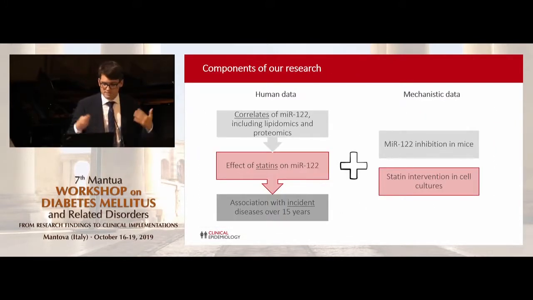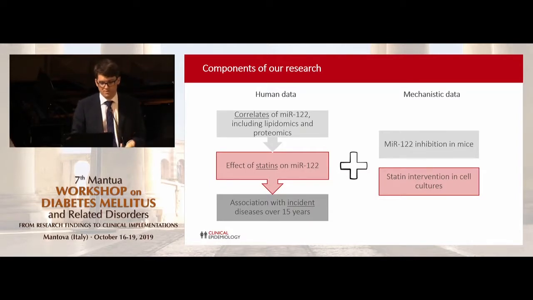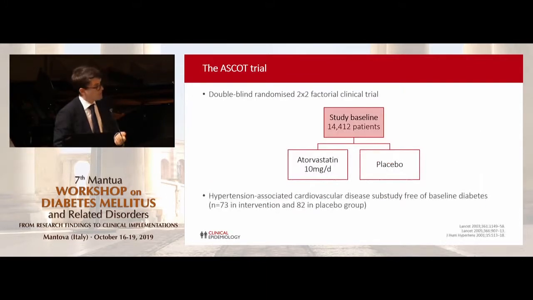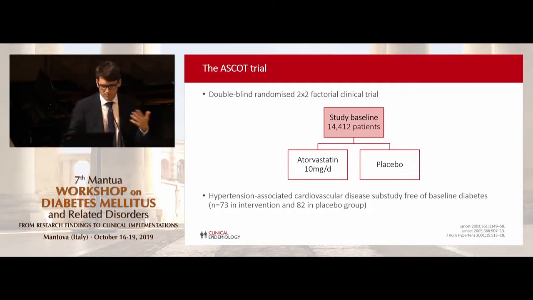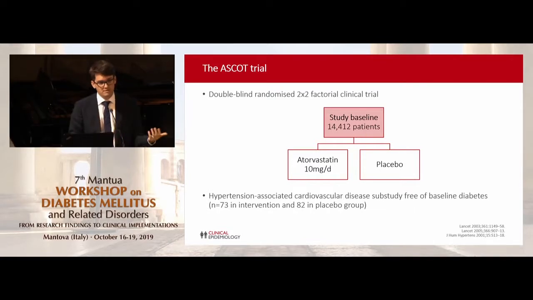Okay, so what happens now if in such a system we then intervene with statins? What does it do with microRNA 122? We were able, through a collaboration with London, to use data from the so-called ASCOT trial, which is a double-blind, randomized 2x2 factorial clinical trial that evaluated on one hand lipid-lowering therapy, on the other hand blood pressure-lowering therapy.